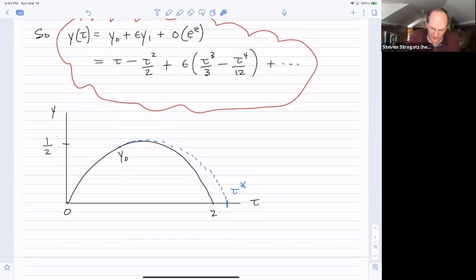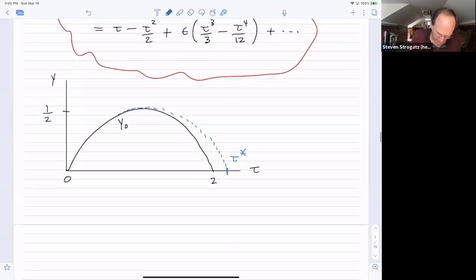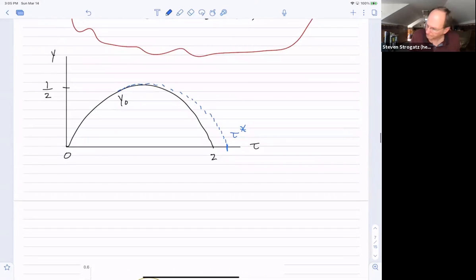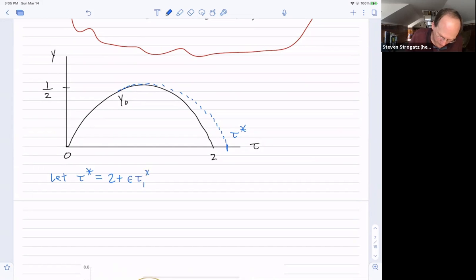So let's just plug that in and see what we get. Let tau star equal 2 plus epsilon times a term tau 1 star, plus order epsilon squared.